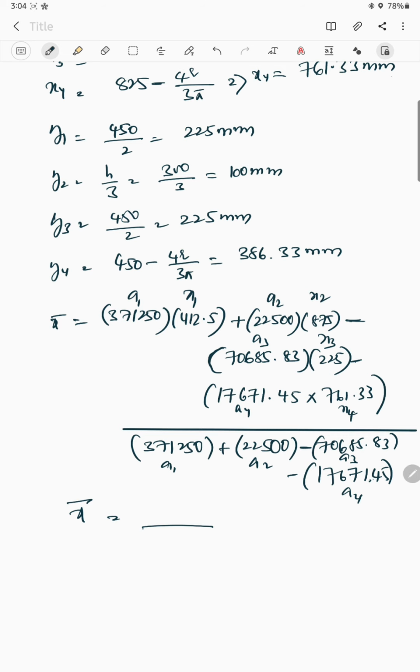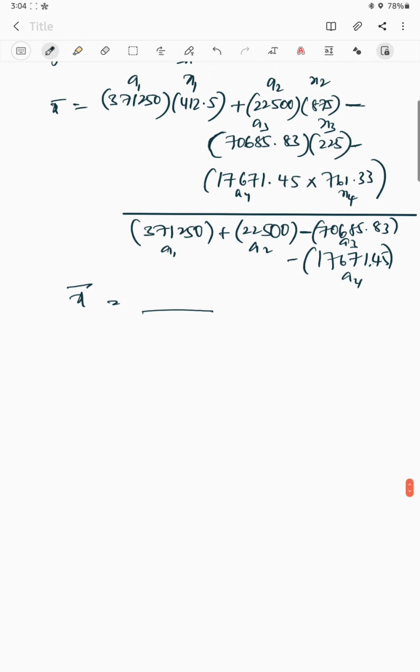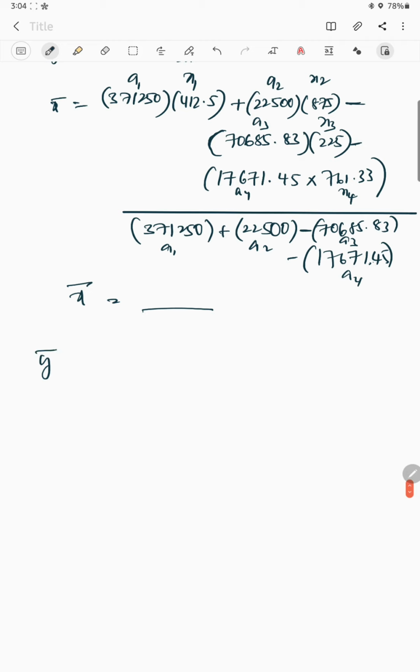All right, next is y bar. How to calculate y bar? Y bar is a1 y1, that is 371250 into, what is the value of y1? We have 225, plus a2. What is a2? 22500.